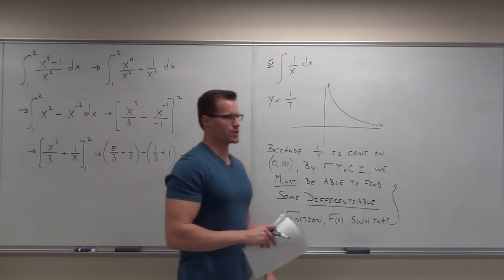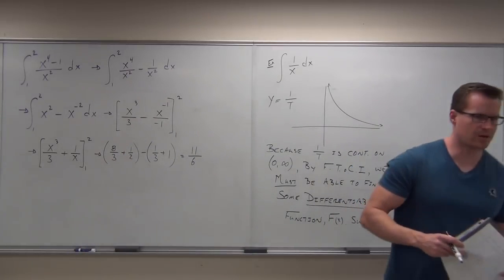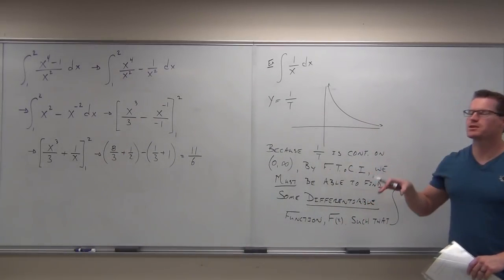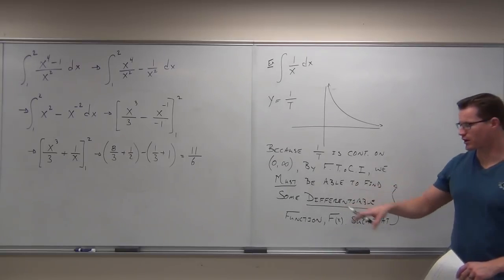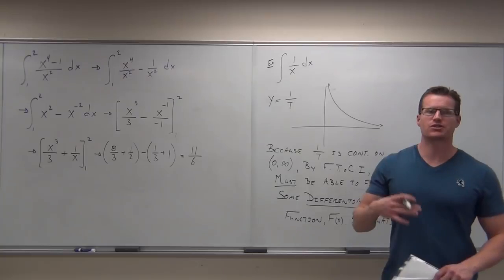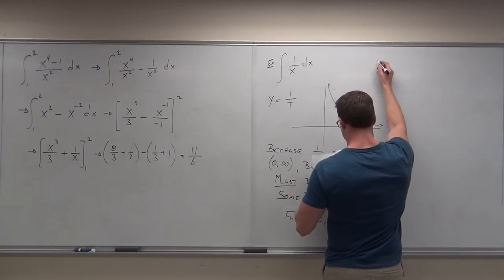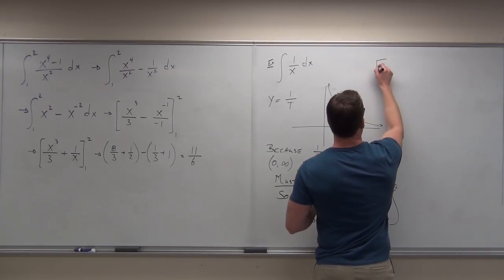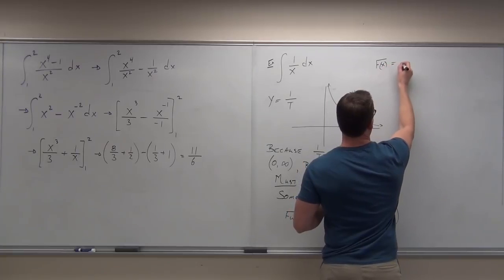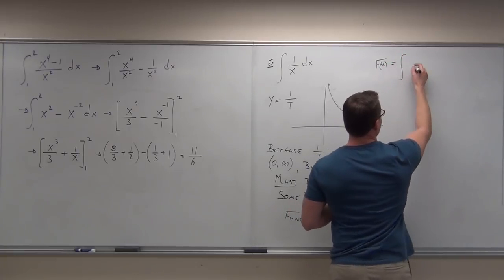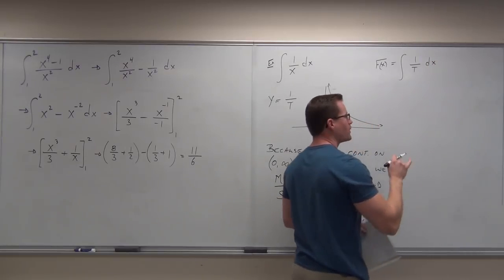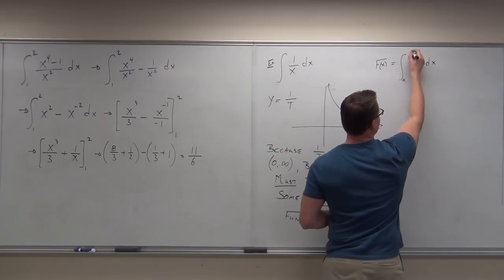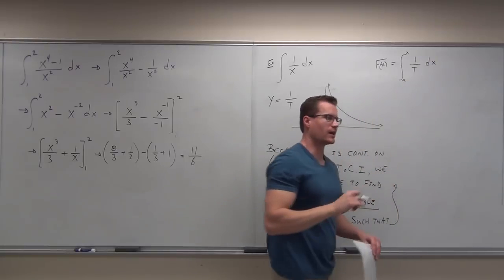Because this function is continuous on our domain, by the fundamental theorem of calculus, we absolutely have to find some differentiable function. We're going to call it capital F of x, big F of x, such that F of x equals the integral of our function from some defined point to x.